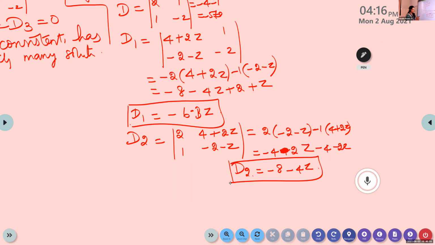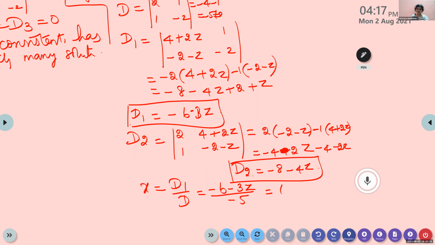Now find out x. x is D1 by D. The value of D1 is minus 6 minus 3z, and D is minus 5.